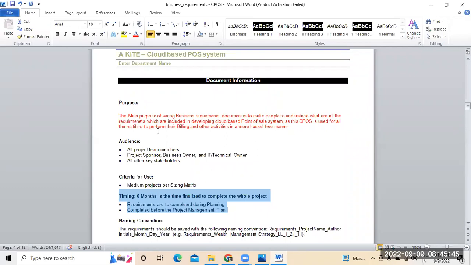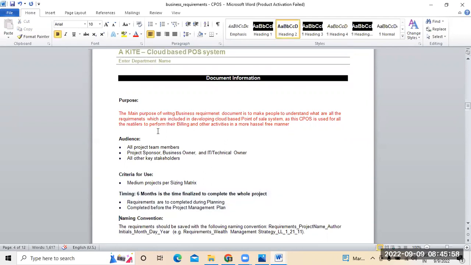We have to mention the duration here, including the time to write the documents and everything. I've just mentioned 6 months. You can consider 8, 10 or 12 months, whatever duration the project management team decides, and that will be written under timings.